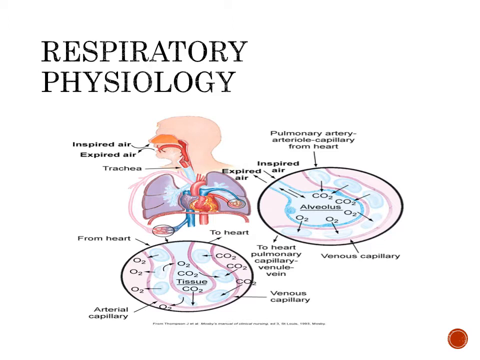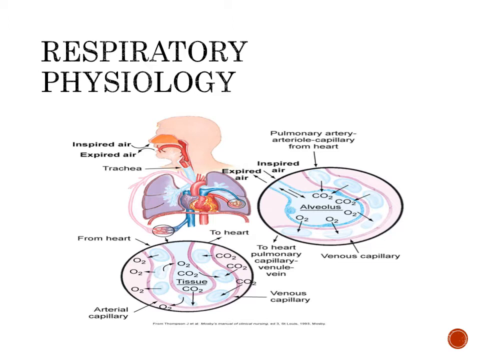So, some of the physiology when it comes to respiratory: this picture here gives you a diagram of how the air goes in and how it's exchanged with the alveoli. We know that the main function of the lungs is for us to get oxygen from the atmosphere. It goes into the alveoli, and the waste product that comes out is our carbon dioxide.